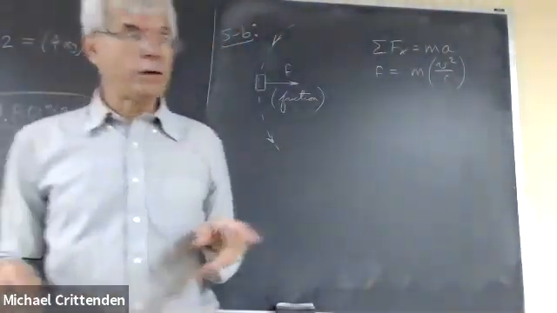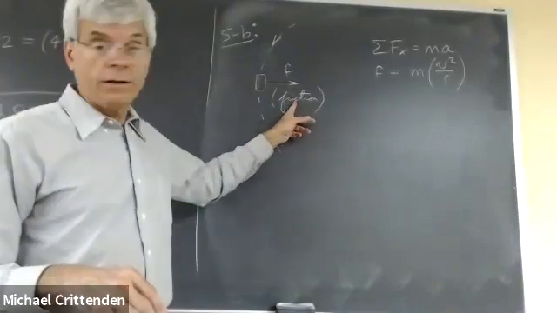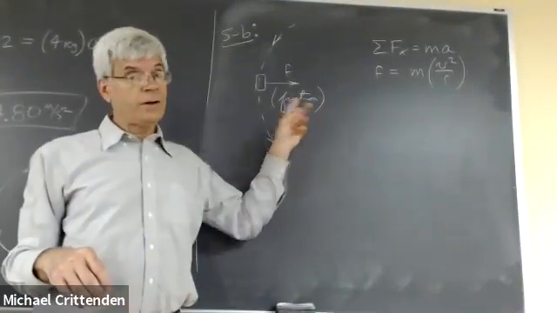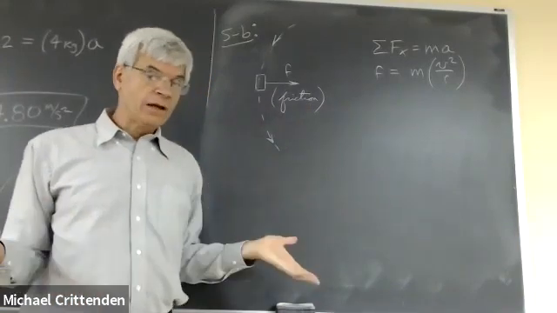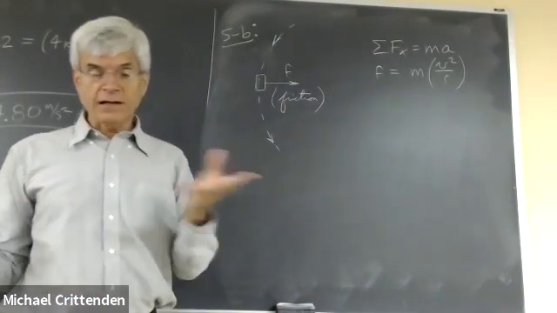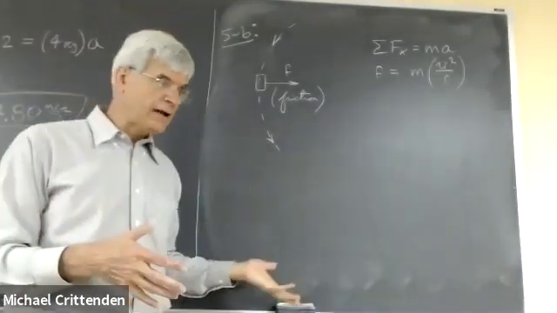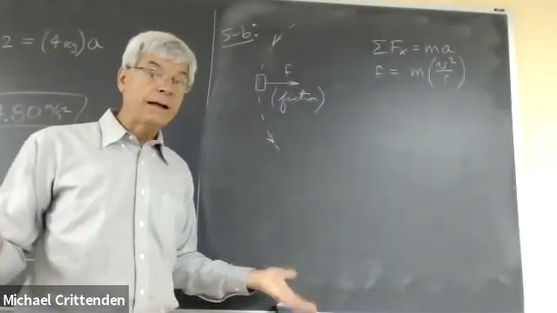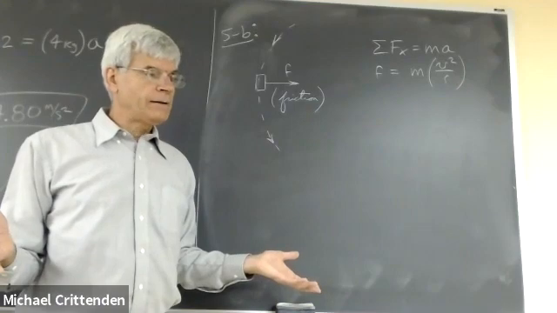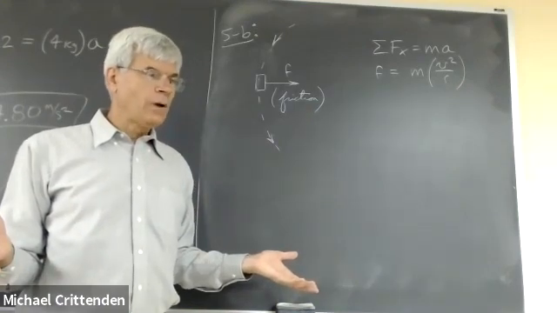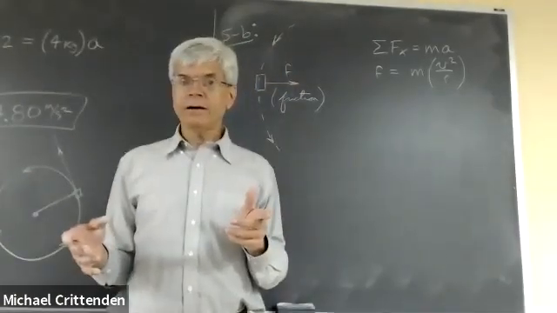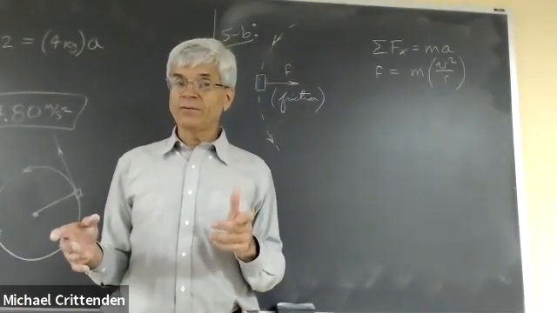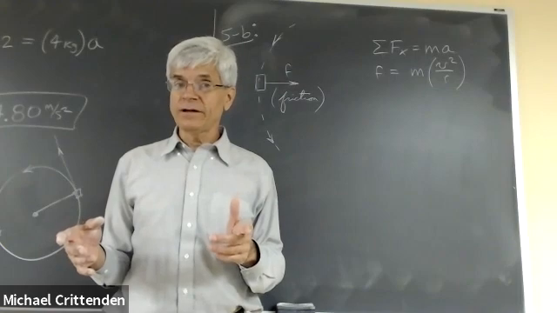Now, one thing I should explain is that what we're dealing with here is static friction. It might seem like it ought to be kinetic friction, because kinetic means when things are moving and static means when things are not moving. But as the car goes down the road, every part of the car is moving except for the bottoms of the tires.